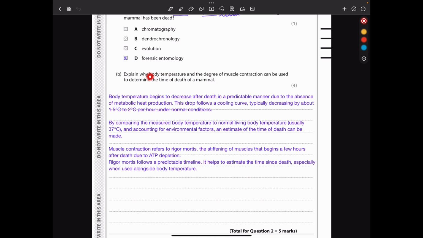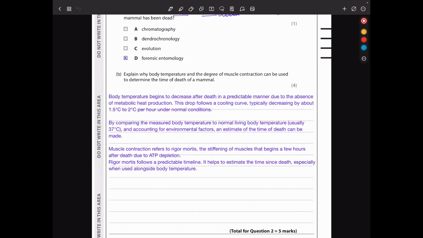We know after somebody dies, the body temperature is going to decrease and the muscles are going to be in a contracted state a few hours after death. So due to the variation in muscle contraction, usually a few hours after death, we can use this muscle contraction as a predictor. And the temperature, we can study based on the ambient temperature.